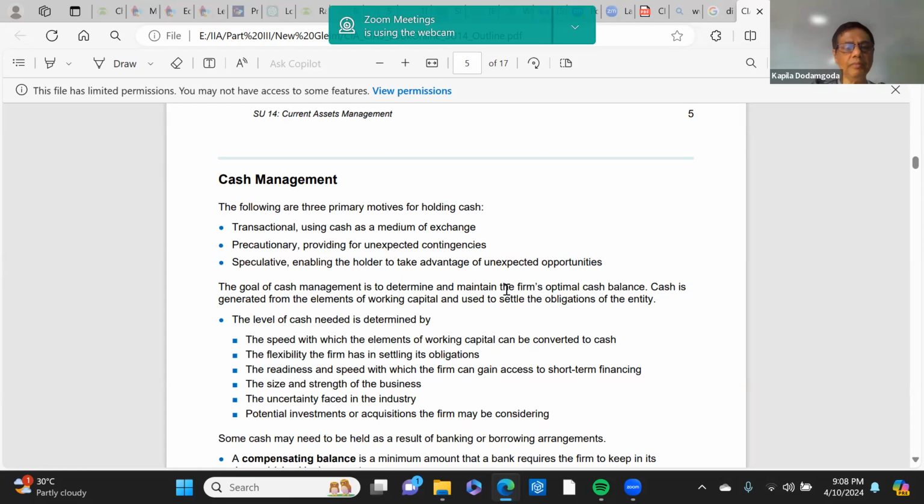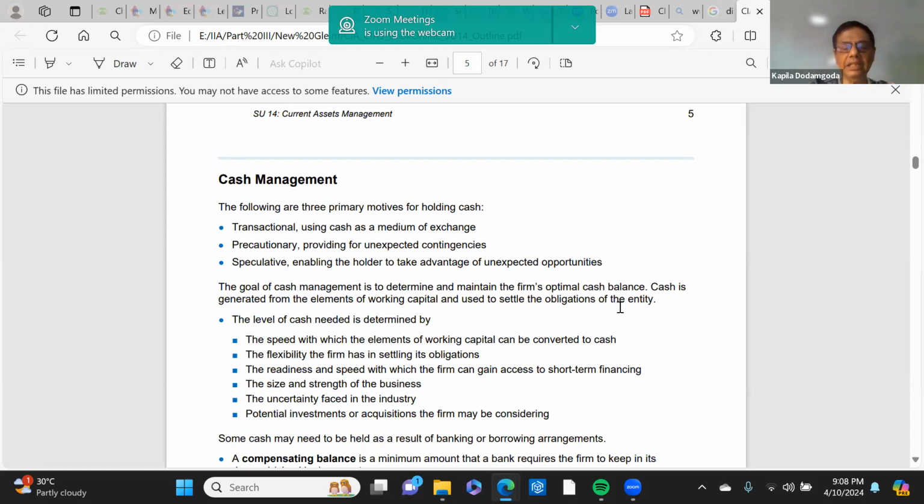Very straightforward. The goal of cash management is to determine and maintain the firm's optimal cash balance. Remember, with regard to all these assets, the goal should be having the optimal balance, right? Cash is generated from the elements of working capital and used to settle the obligations of the entity.